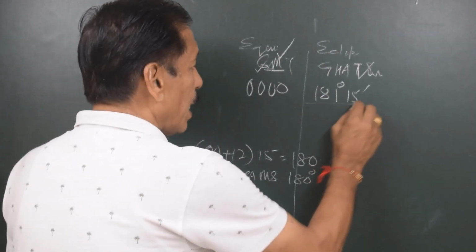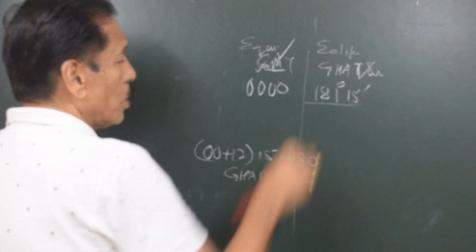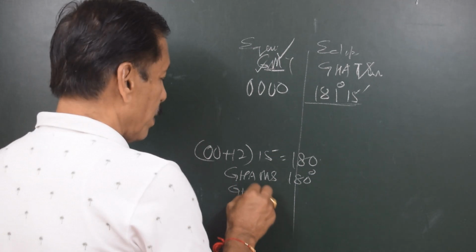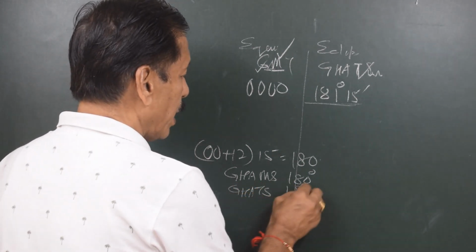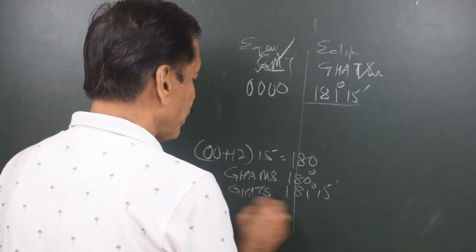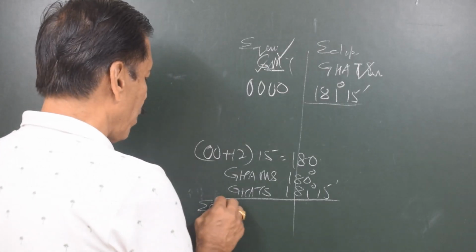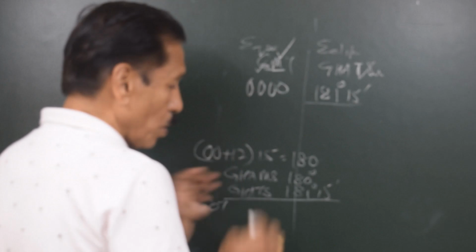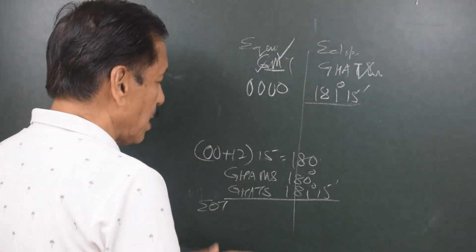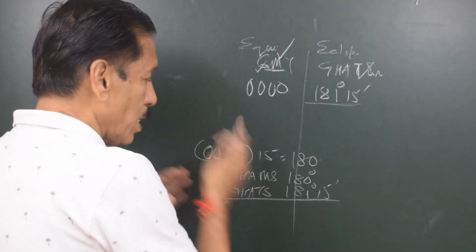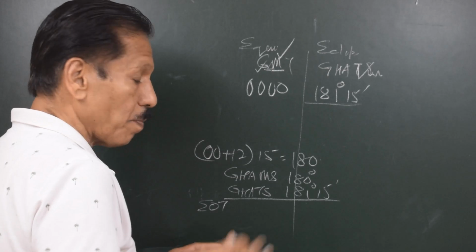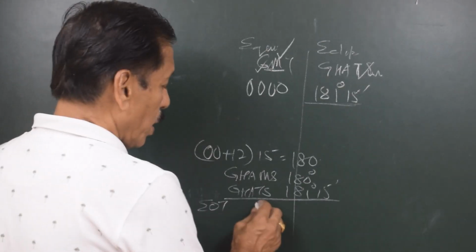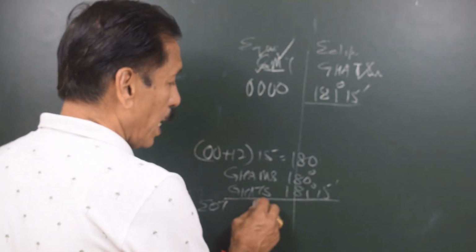But on the other side, this should be read as GHA true sun, which is 181 degrees 15 minutes. And equation of time as per our convention is always mean sun minus true sun, because all these things are measured westward. SHA, GHA, LHA, everything is measured westward except right ascension. So GHA mean sun minus GHA true sun is equation of time with the sign.